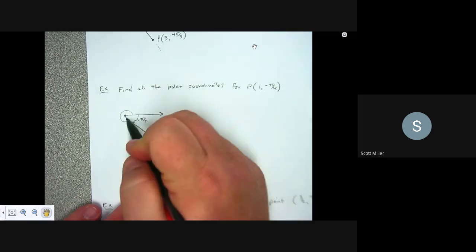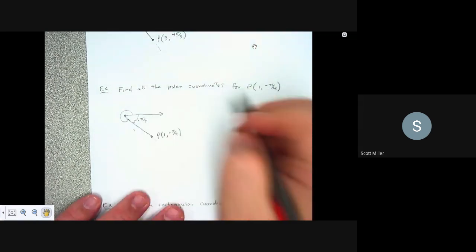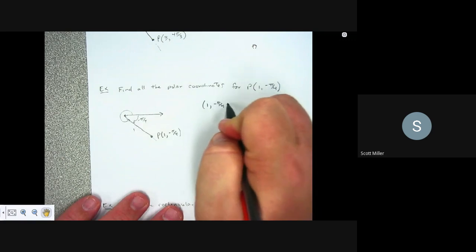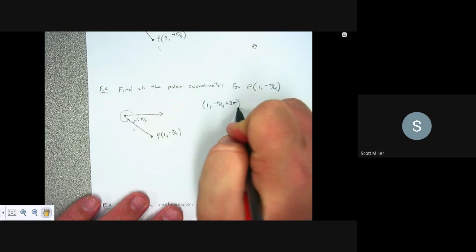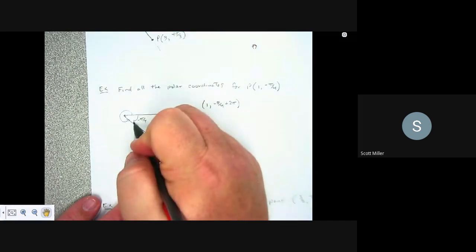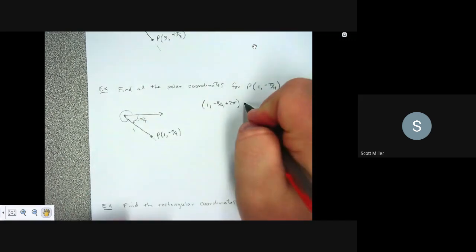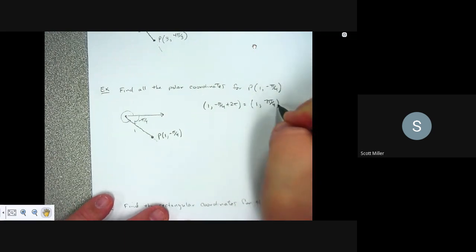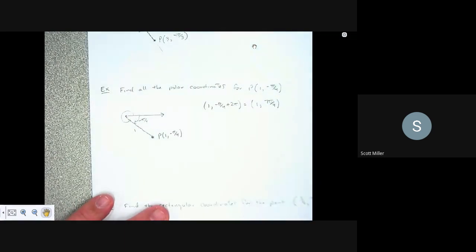So what is that angle right there? Well, if I take this point, 1, negative pi over 4, and add 2 pi, there it is again, then I'm back to here again. So what is the name of that angle? Well, that's 7 pi over 4. So that is another way to express the same point.